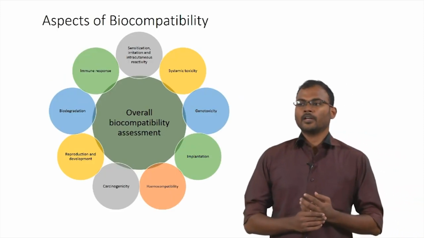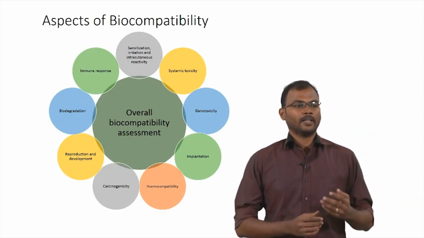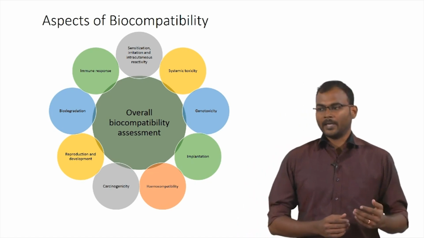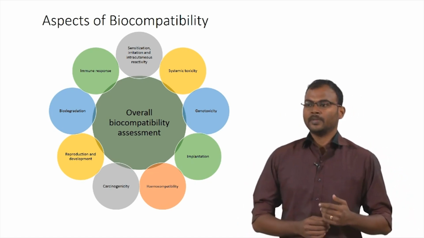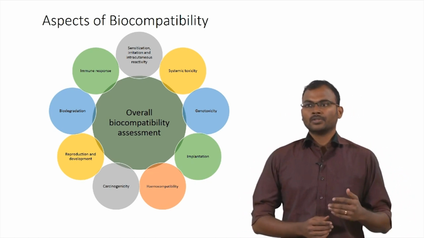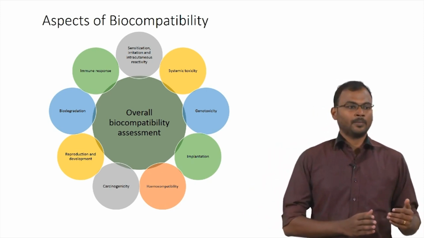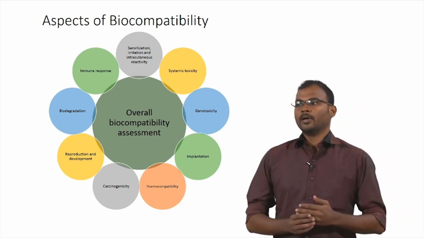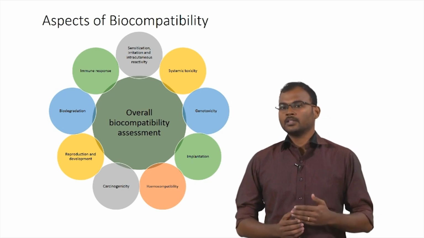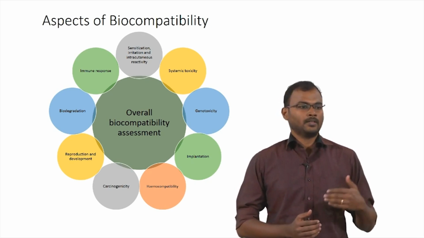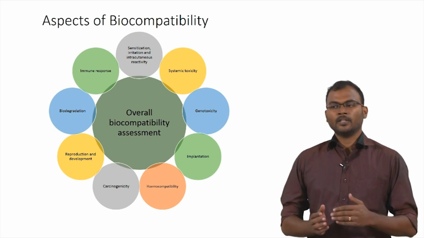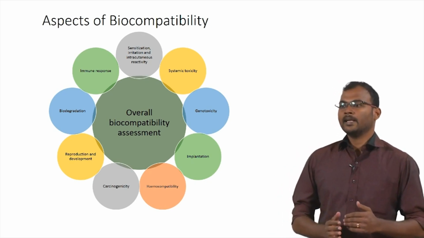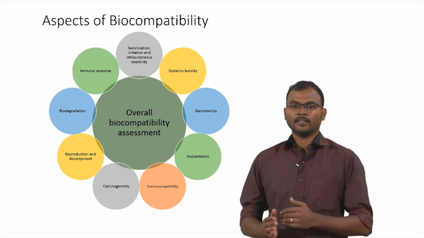Coming to the aspects you have to look for the material to be biocompatible, there are a lot of aspects, again based on application. Until now, whatever surface property and bulk property you have analyzed or characterized can be changed based on the results you are getting. But biocompatibility is entirely dependent on how the material is interacting with the cells.